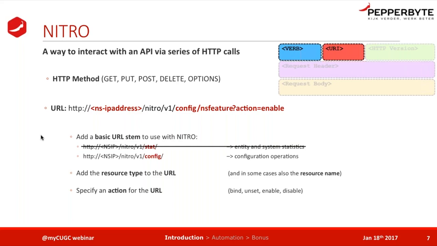I can either enable or disable a NetScaler feature in my configuration. So I need to tell NITRO which action I want to perform on my resource. So basically, this is the entire URL that I can use and send to NITRO to make it understand the action I want to perform.